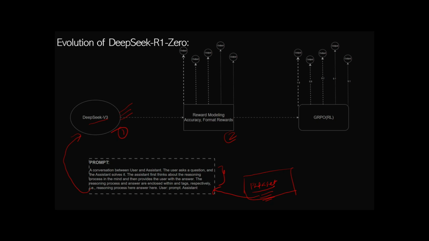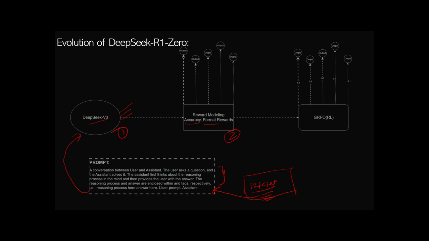In the second stage, we can see DeepSeek uses reward modeling. Here it uses two different rewards. One is accuracy reward, another one is format reward. Accuracy reward will validate the output generated by the base model and assign a reward to the output.